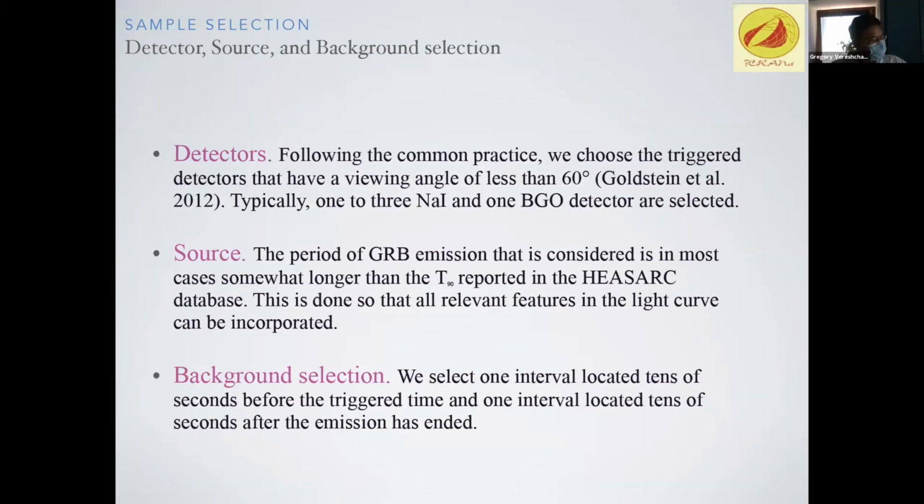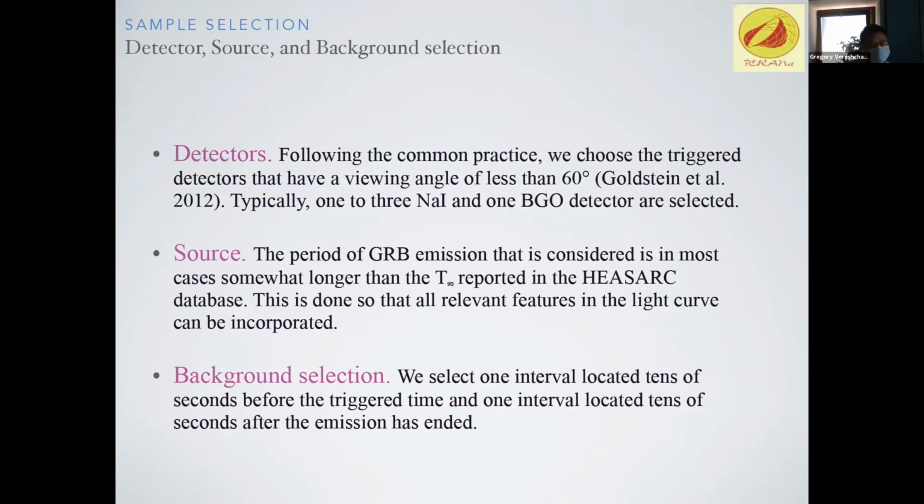Before doing the spectral fitting, we first have to select the detector, the source, and background. For the detector selection, we follow the common practice, choosing the triggered detectors that have an angle of less than 16 degrees, typically 1 to 3, and one BGO detector as well.